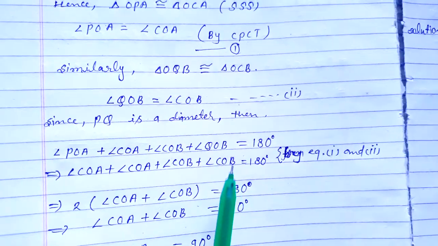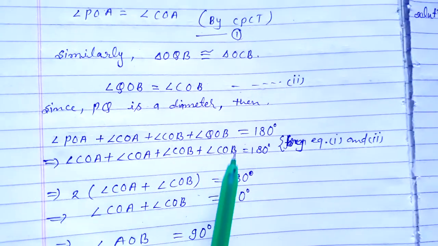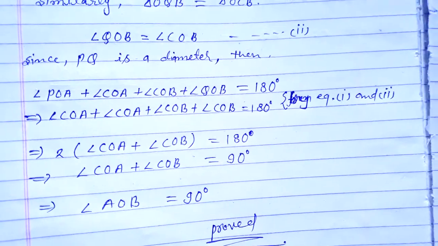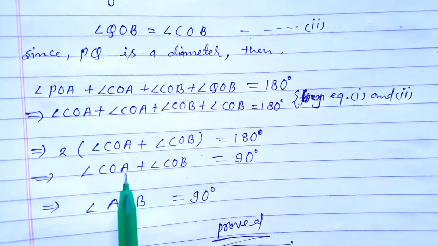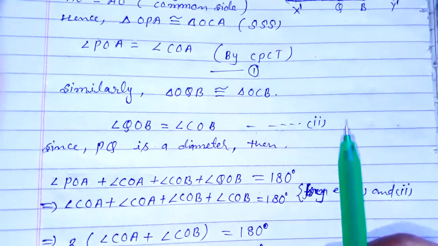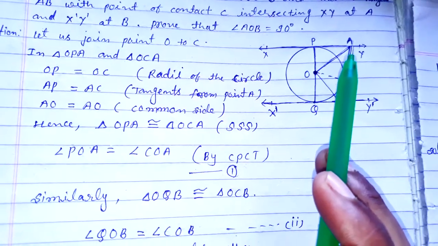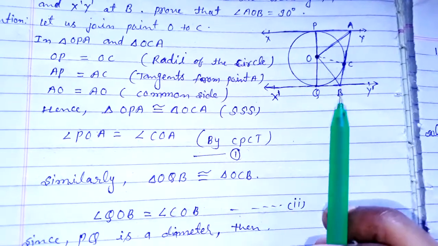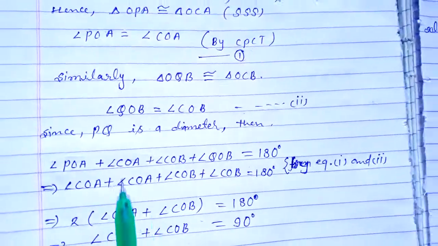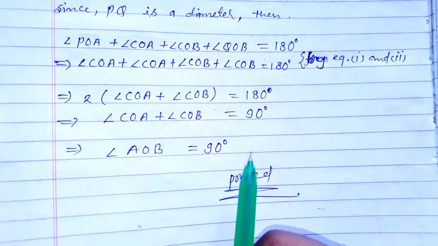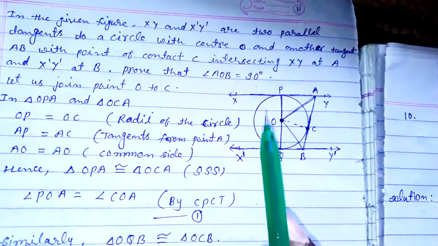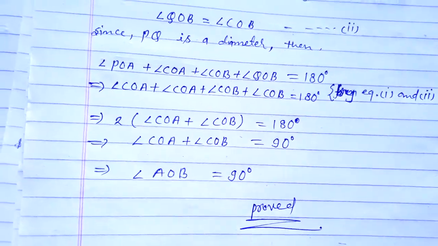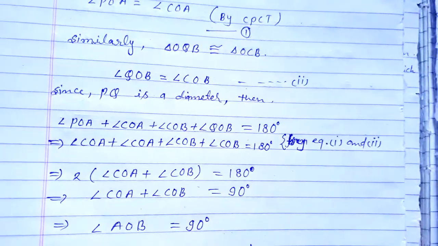So we get 2 times COA plus 2 times COB equals 180, and dividing by 2 gives 90 degrees. But in this figure, COA and COB together make the complete angle AOB. So angle AOB is 90 degrees. Hence proved. Next question is the 10th question.